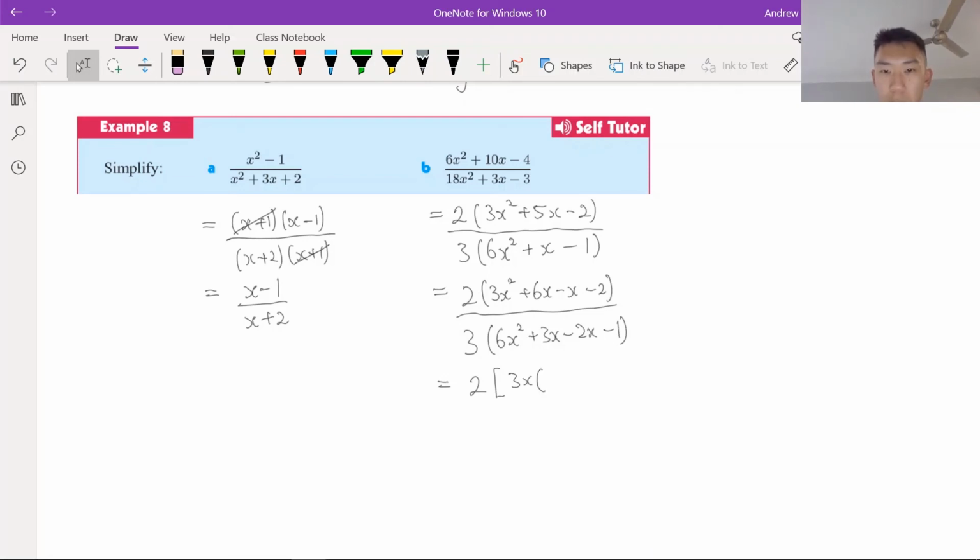I'll use square brackets now because I'm going to have to write more brackets, just to keep that distinction between what I'm actually factorizing, because the 2 out here still needs to be multiplied by everything, right? So 3x outside of (x plus 2), minus 1 outside of (x plus 2).